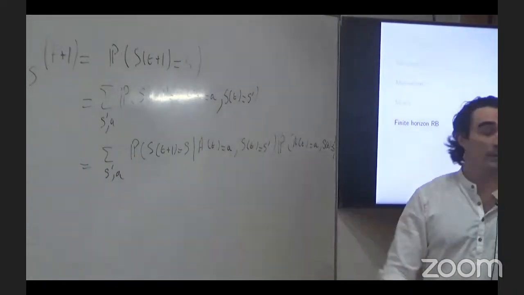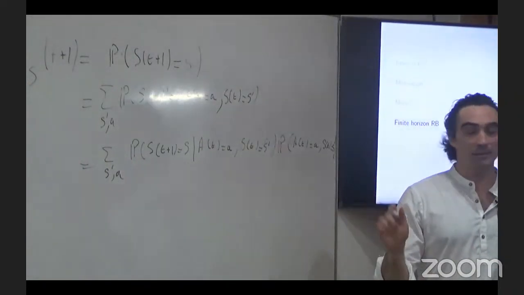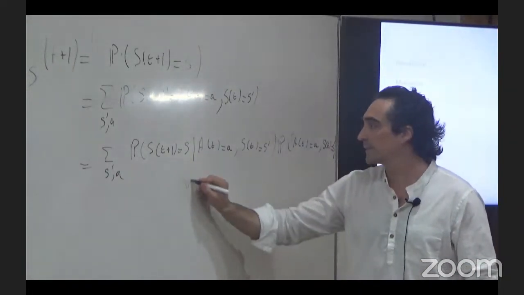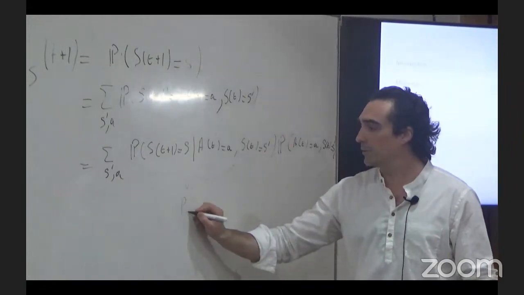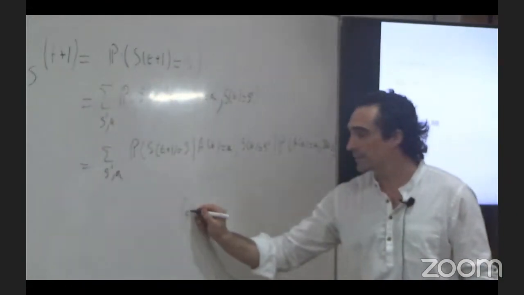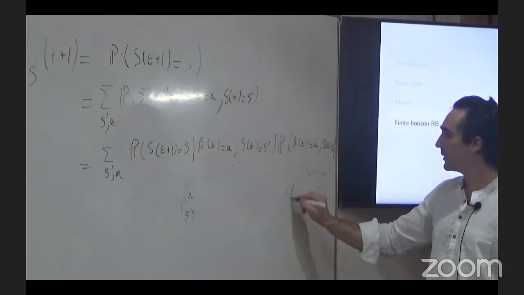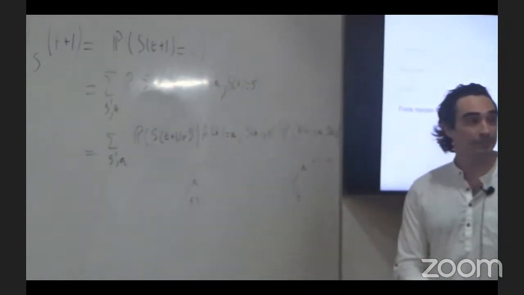Just by Bayes theorem. And that's it, right? Because this is the transition matrix, which we know, because it's a Markov chain. And this is our parameter.